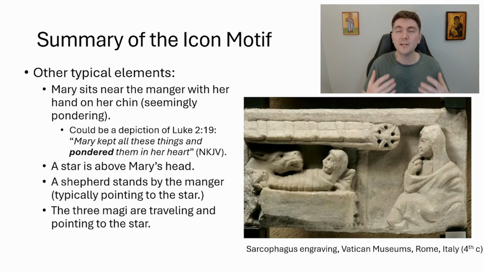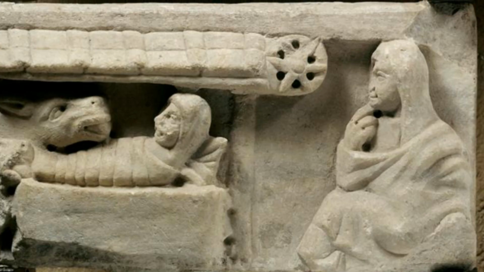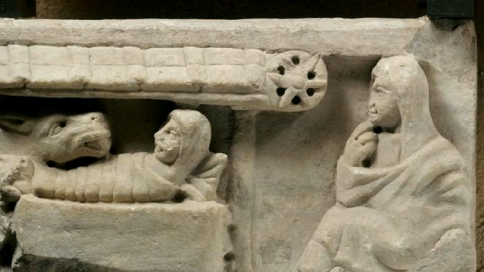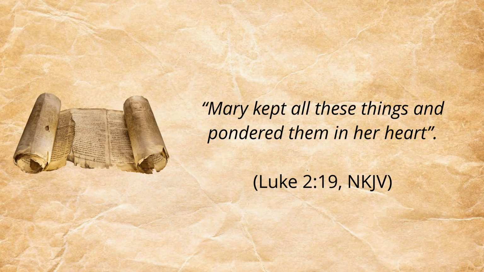But there are other instances of the nativity icon which have other elements, and of course, some of these include Mary. And when Mary is there, she's sitting near the manger with her hand on her chin, as you can see in this picture, and she's seemingly pondering. This is probably a depiction of Luke 2:19, which says Mary kept all these things and pondered them in her heart.